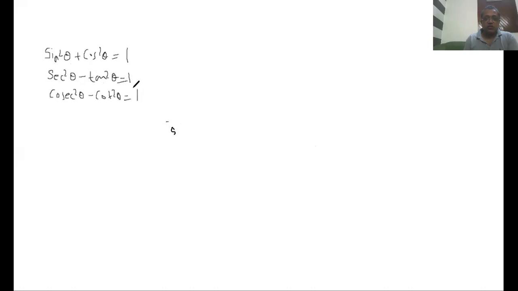So these are the 3 identities which are there in the 10th course. Then I told you how to convert. Cosec theta can be written as 1 by sine theta, sec theta can be written as 1 by cos theta. Okay, we are converting into sine cos. So tan theta can be written as sine theta by cos theta.